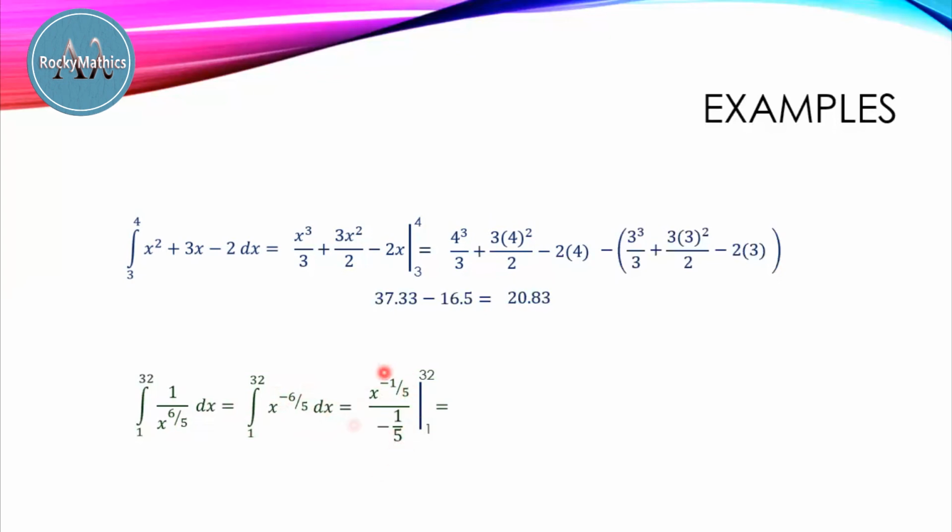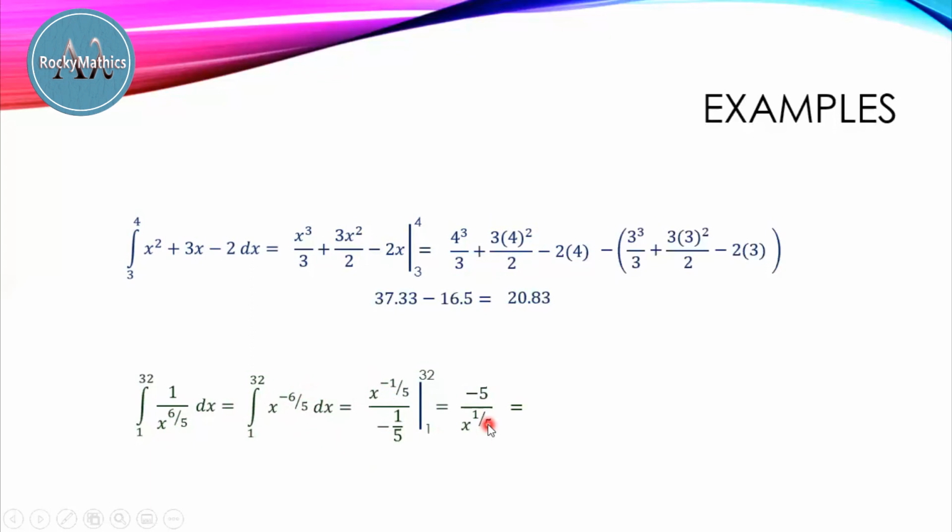Then this can be simplified into negative 5, since the exponent is negative 1 over 5, so x can be written in the denominator, and dividing by negative 1 over 5 is multiplying by its reciprocal, which is negative 5.